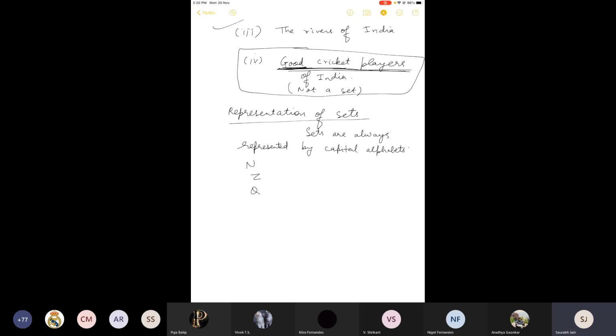N is the set of all natural numbers, and I think everybody knows it. Z is the set of all integers. These are standard notations used in mathematics: N, Z, Q, R, W. Q stands for the set of all rational numbers.